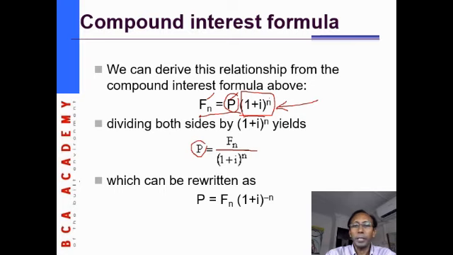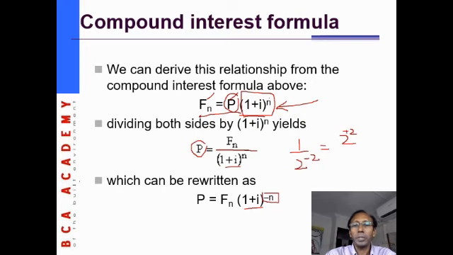Please note that 1 divided by 2 to the power of minus 2 is the same as 2 to the power of 2. Or 1 over something to the power of n is that something to the power of negative n. So if this is negative n, this will be positive. If this is positive, then this will be negative.